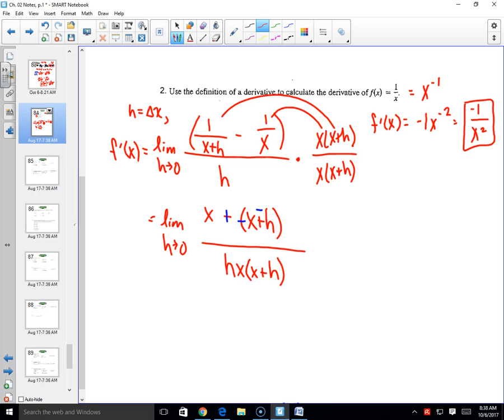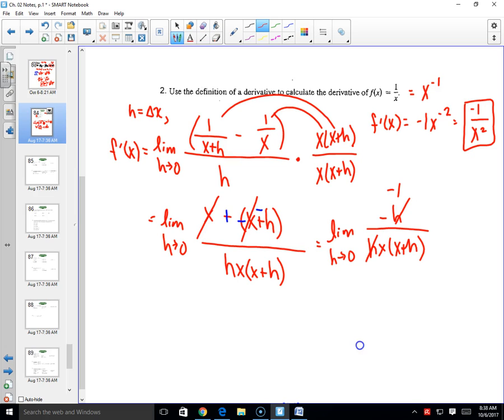x minus x cancels out, right guys? Do you think I want you to keep rewriting limits on the test until you put it? Good. What happens to those h's? They reduce. There's just a 1 on top of negative 1.